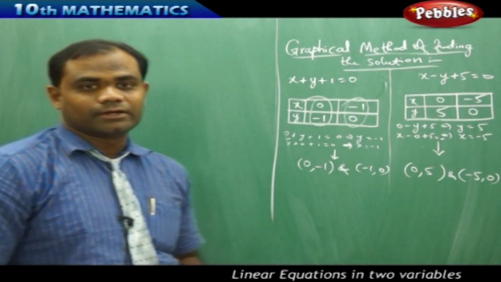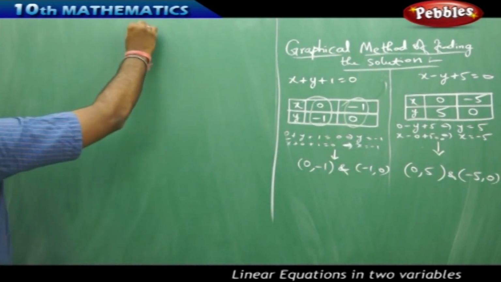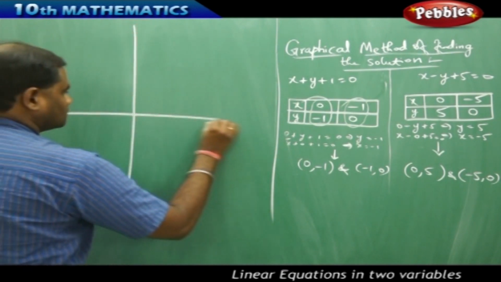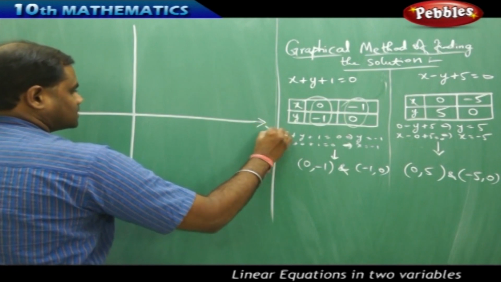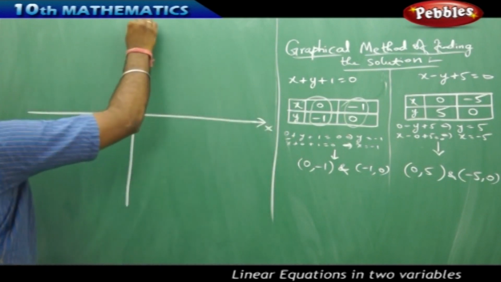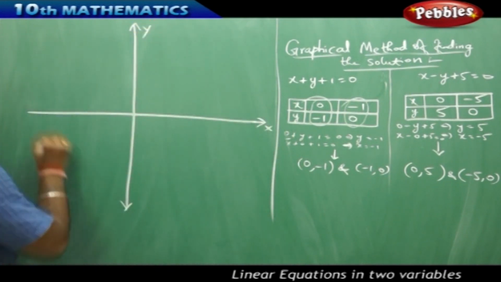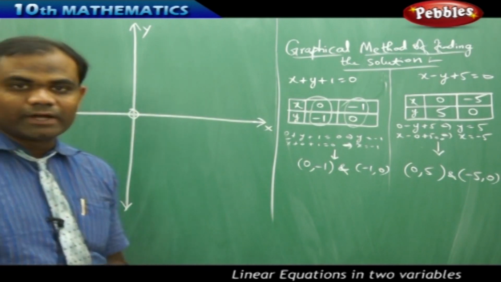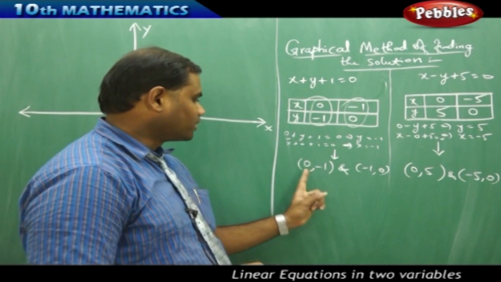So let's take a real xy coordinate system. This is the x-axis and this is the y-axis, and this is the origin, from where I take the straight line with points plotted.